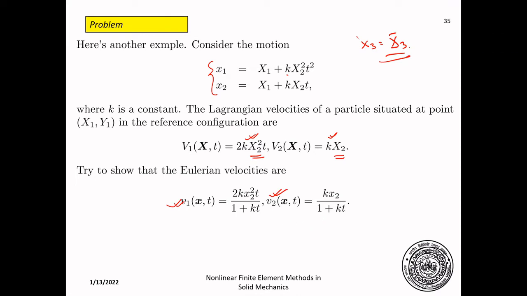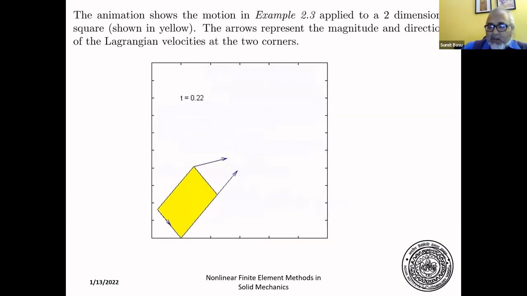Okay. Now, what exactly is the difference between these two velocities? Vector-wise, as I said before, the two velocities are the same. It's a velocity of a point. So it's a velocity of this point.